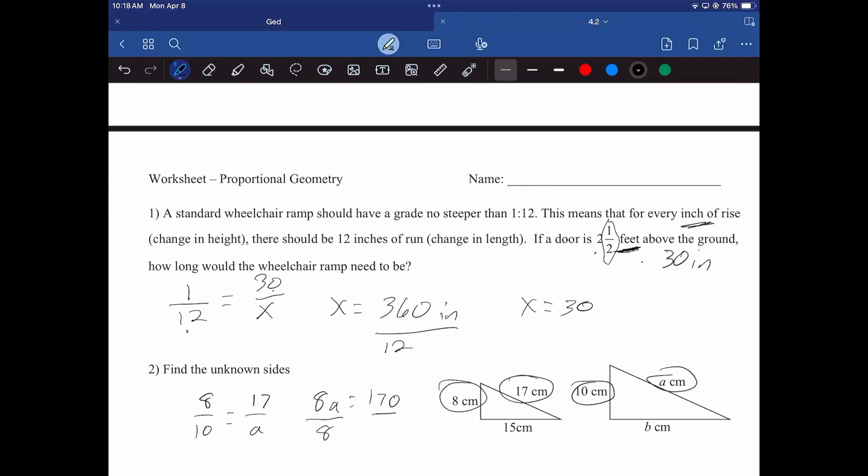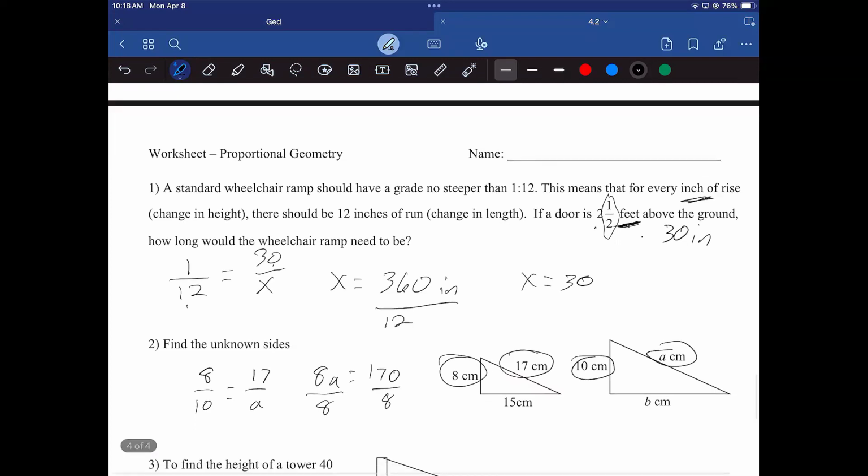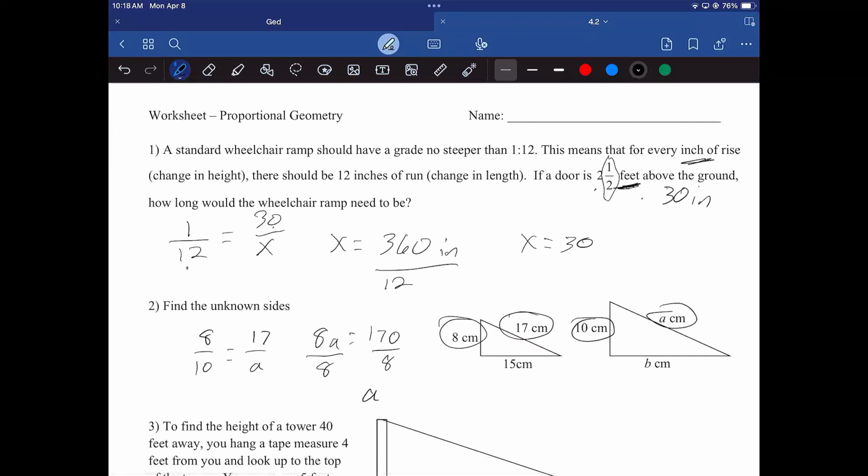Divide both sides by 8. And we get A is equal to, and we'll just plug this into our calculator. 170 divided by 8, and we get 21.25. So 21.25 centimeters.